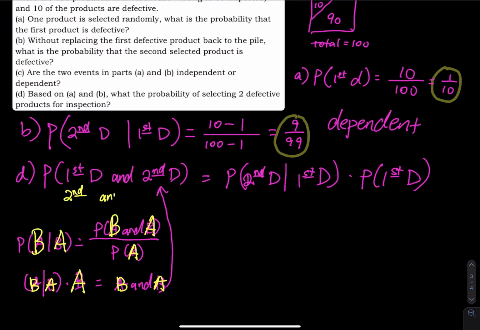The intersection, you can easily interchange these two events. That doesn't affect anything. So this will be B given A multiplied by A, right? So this one is right here.